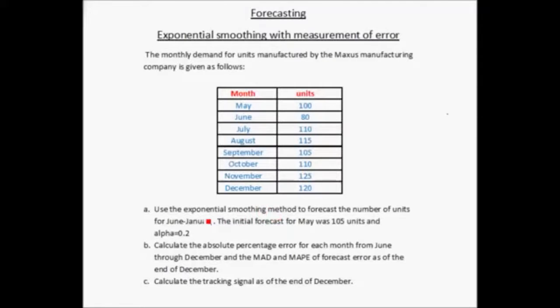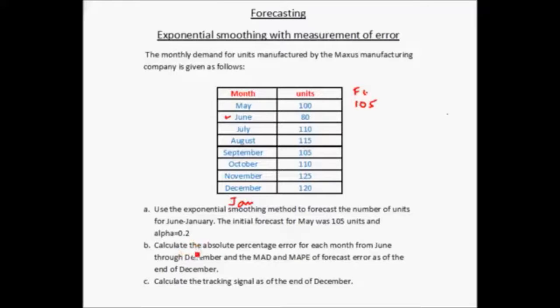And we have to do that for months June, July, August, September, October, November, December and January. The initial forecast for May was 105 units, so the forecast for May has been given as 105 units and the value of alpha is 0.2.